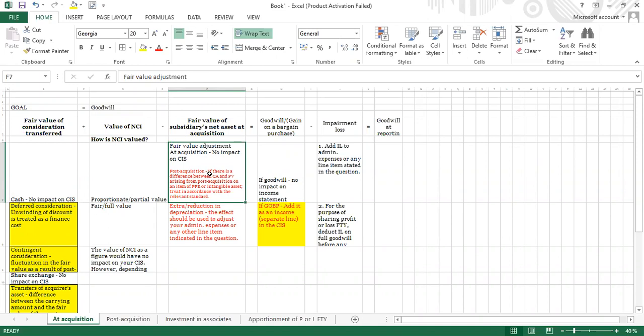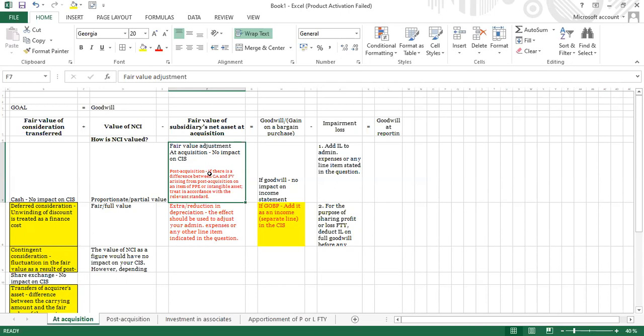Now it's going to affect our comprehensive income. In the comprehensive income, is it going to be a new line item, or are we adding it to something? You can create it as a new line item.